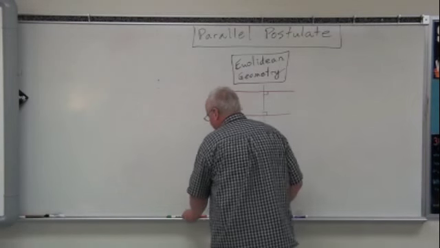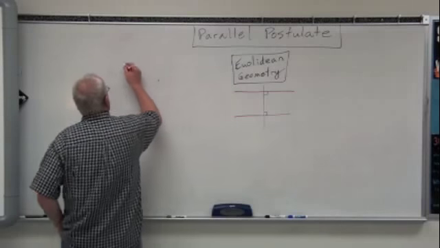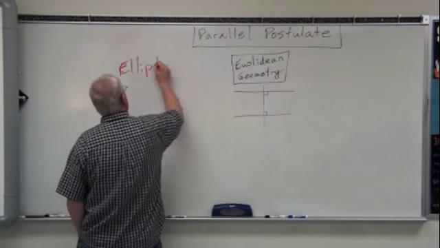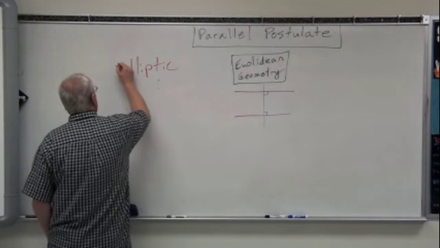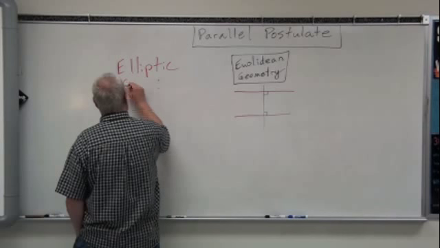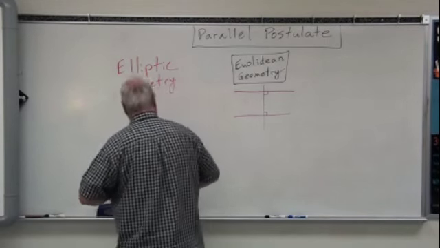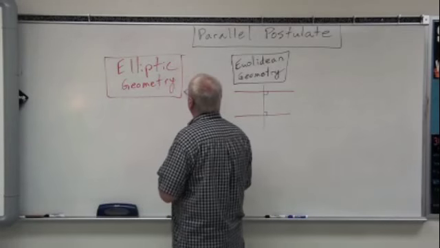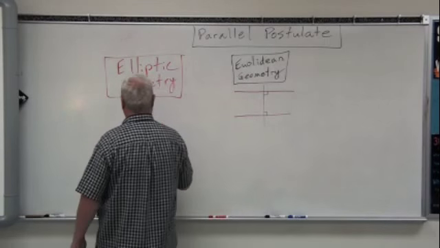Now there is another type of geometry. We're going to call it elliptic geometry. Okay? Now the picture that we would draw of it for the parallel postulate looks like this.